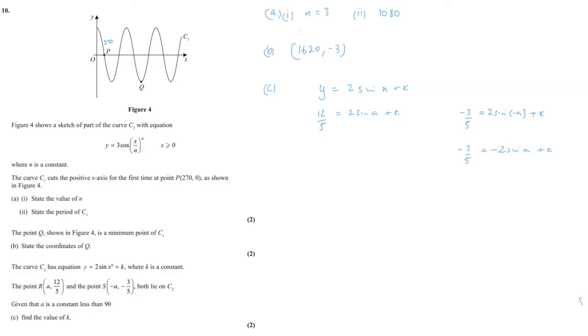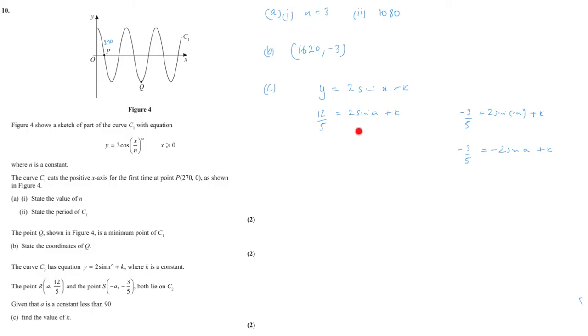So what I can do now is eliminate 2 sine A and find out what k is. If I take this first equation, or I could take this one, it doesn't really matter.